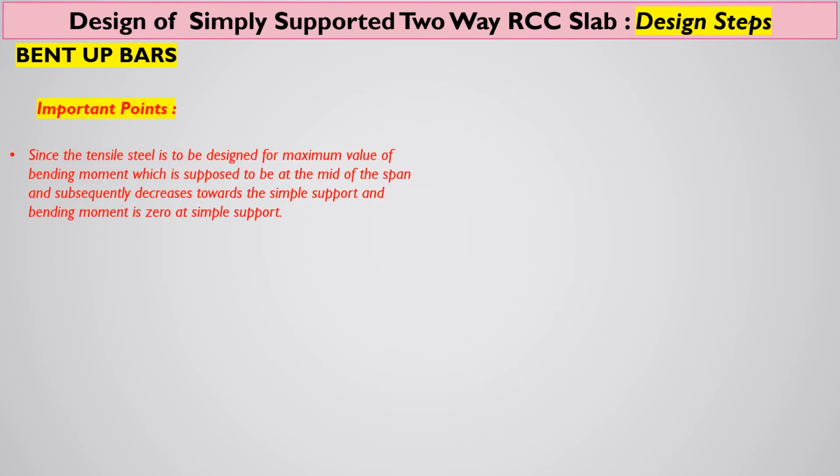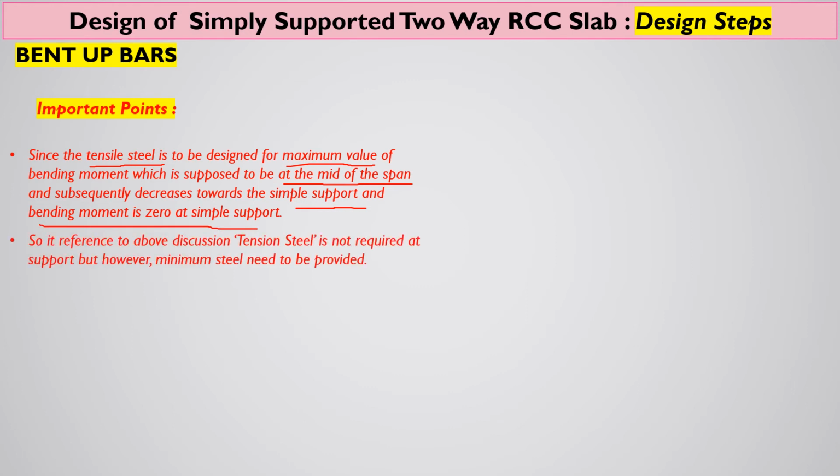Now let us go through the information regarding bent of bars. So important point again, even though we have discussed the same in detail in the one-way slab. As we know, the tensile steel which we have decided is based on the maximum value of bending moment, and maximum bending moment will be obtained at the mid of the span, since it is a simply supported type of slab, and it will be decreasing towards the support, and ultimately bending moment is zero at the simple support.